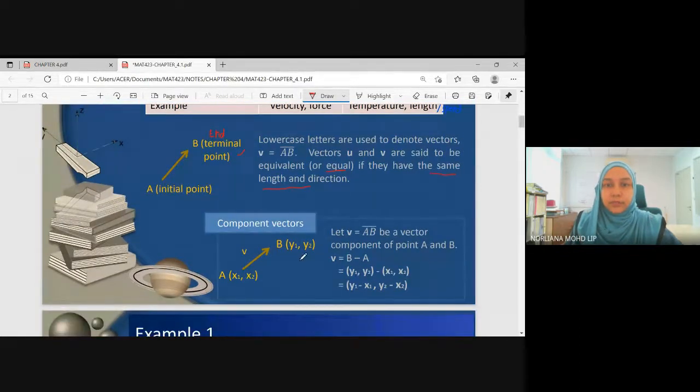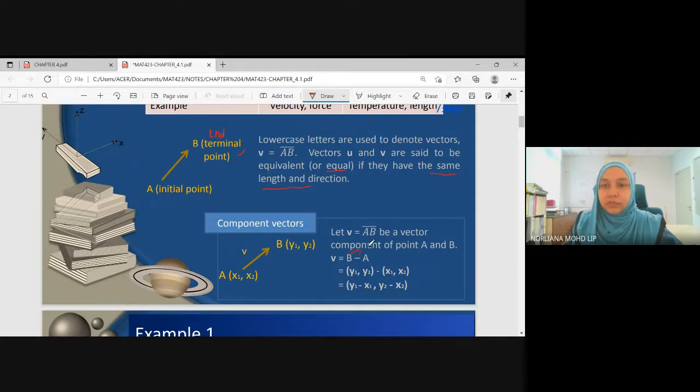Okay, look at the component vector. Let v is equal to AB. v be a vector component of point A and B. So we find the component of vector v is equal to B minus A, the terminal point minus the initial point.